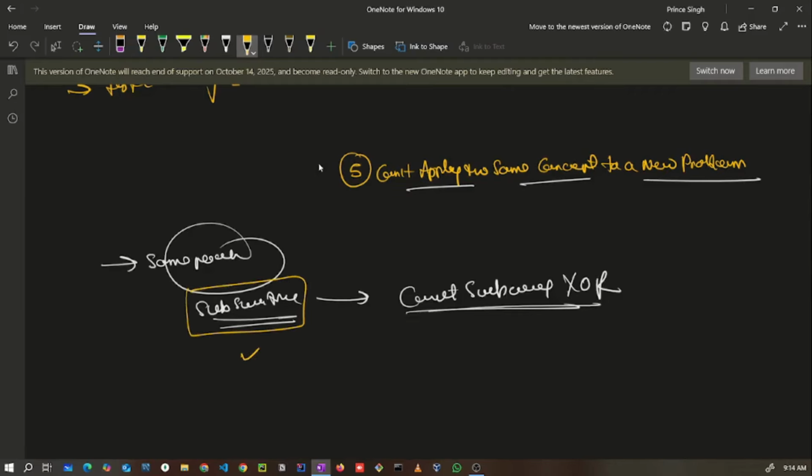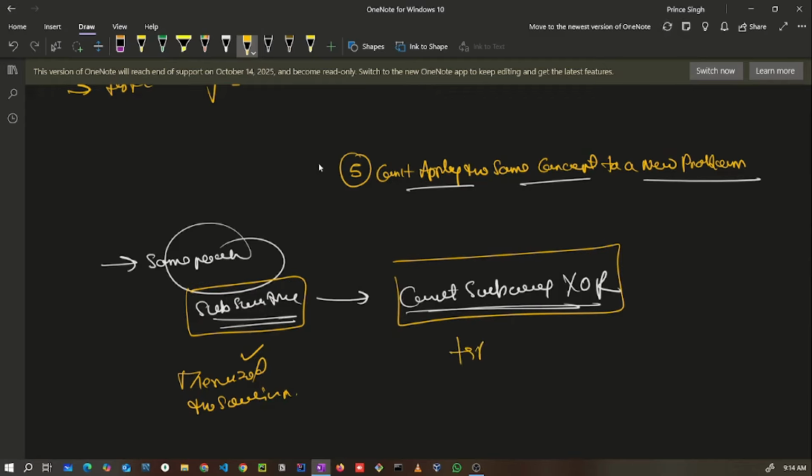Why? Because we are just trying to memorize the solution, how we solve the subarray problem, but we are not asking why we are solving the subarray problem using this approach, right? For example, you might remember how to find the subarray using dynamic programming or the recursive approach, but when I give a constraint, like find the maximum subarray using the XOR operation, you are completely blank.